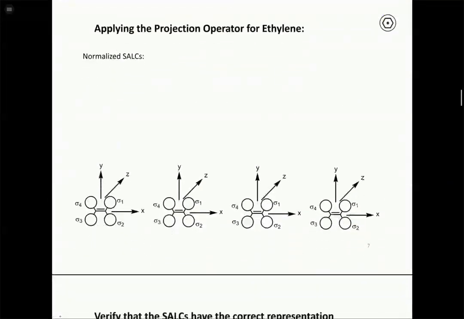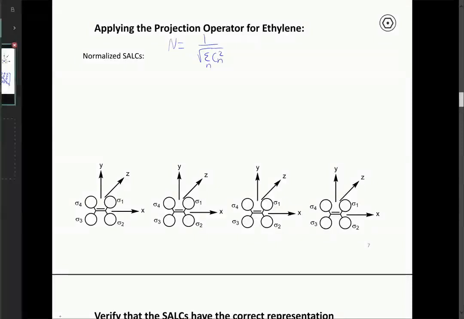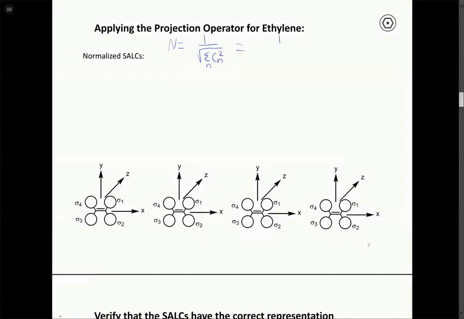We normalize them now. They're all going to have the same normalization coefficient. So as a reminder, the normalization coefficient is just the sum over all of the contributors to that SALC and the sum of the coefficients squared, and you take the inverse square root of that. So for each of these, it's going to be 1 over the square root. The first coefficient is always 1. The second coefficient is either plus or minus 1.